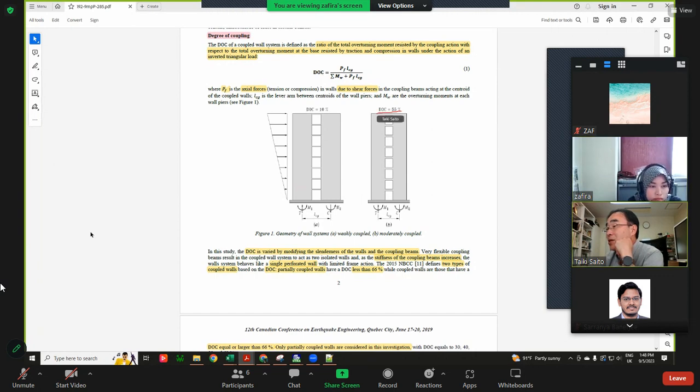And if we change the same wall but with a weak beam, then this one changes. So the degree of coupling will be reduced.